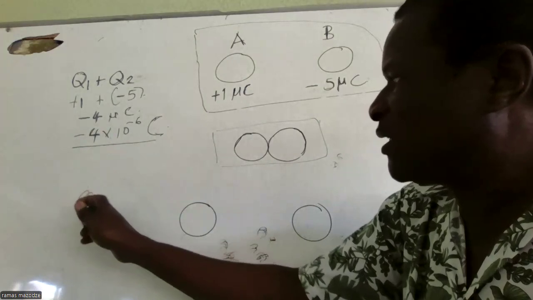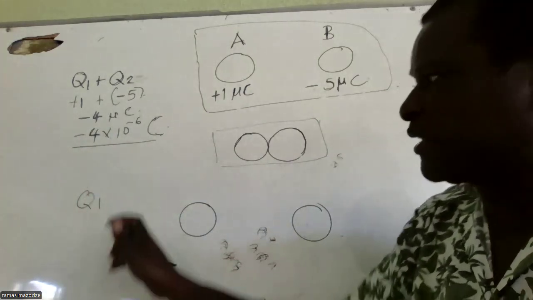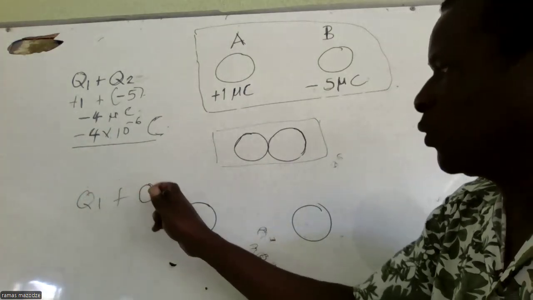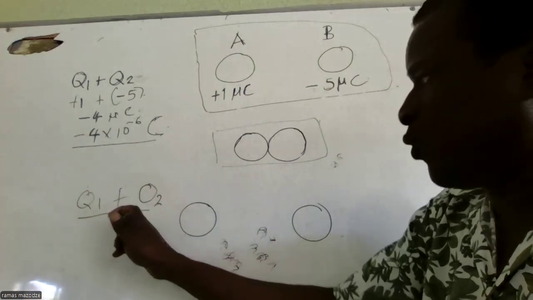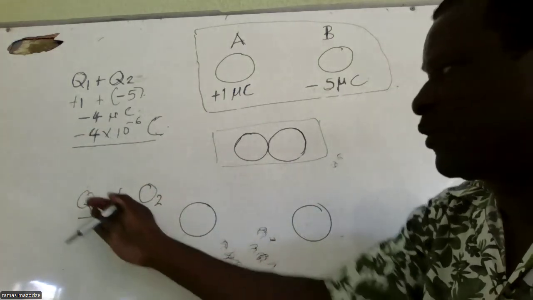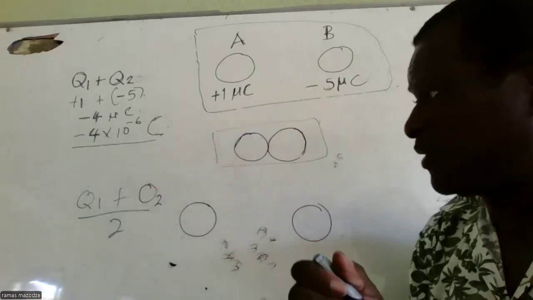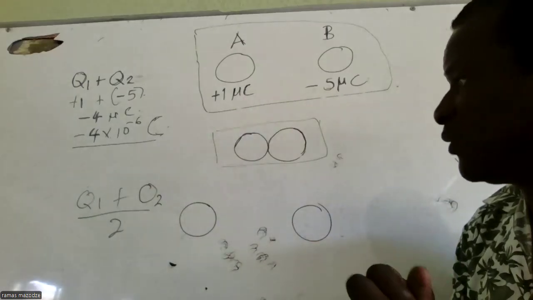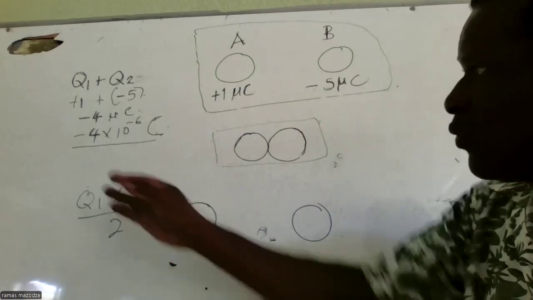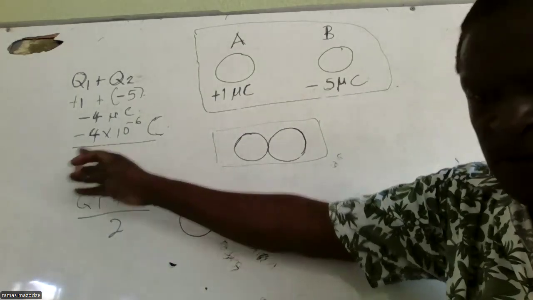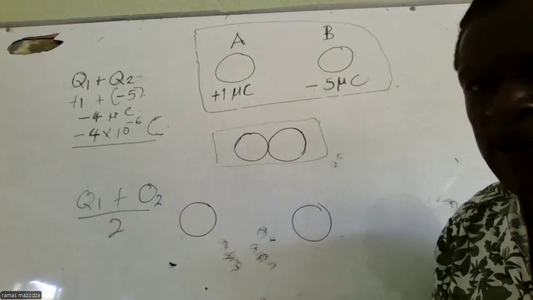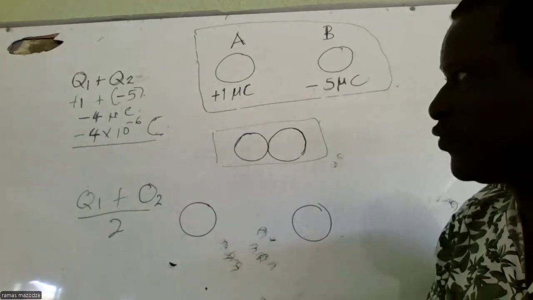Let's just write the formula straight. It's Q1 plus Q2 divided by 2 because they are 2. If there were 3, it would be Q1 plus Q2 plus Q3 divided by 3. Please note that, so that you are not caught unaware. So that will be that divided by 2.